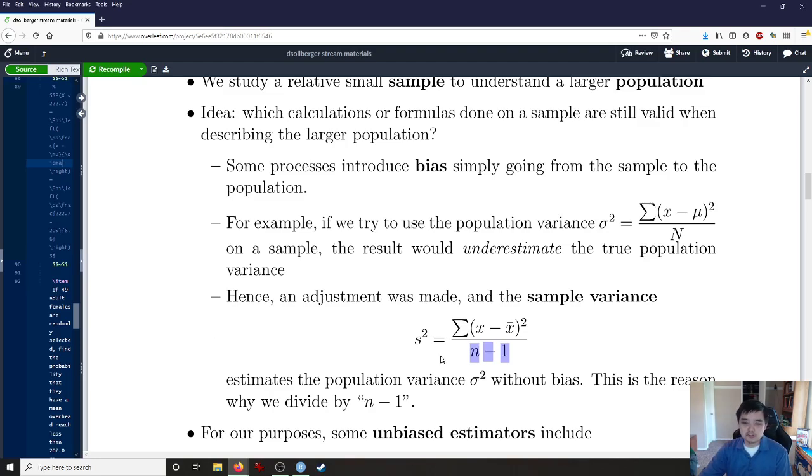And thus, using this formula called the sample variance, the one we're labeling s squared, we could go from the relatively small sample to a much larger population without underestimating, without introducing bias into our calculation. So this is finally why we would want to divide by n minus 1 in the first place.